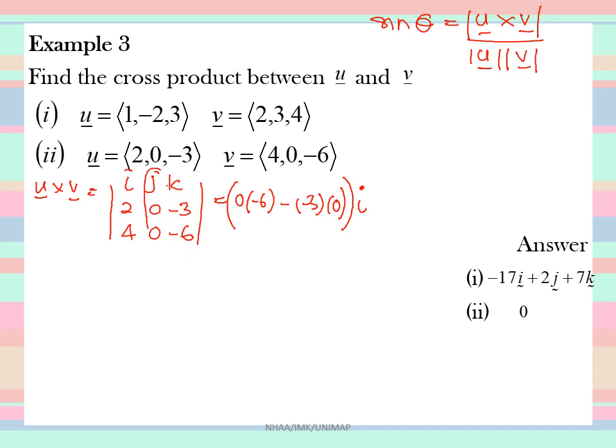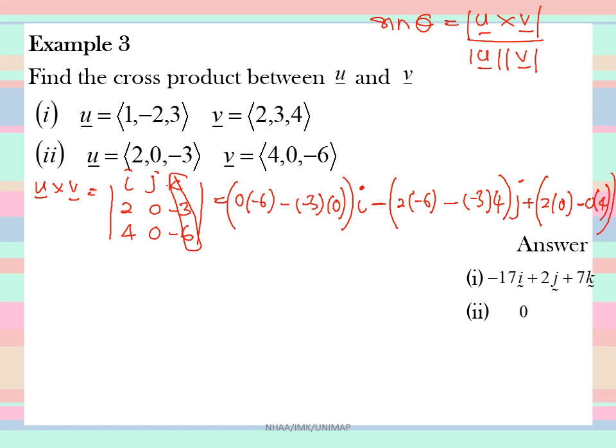Doing for j means you cross product 2 with minus 6. Don't forget because j it is minus. Open the bracket: 2 times minus 6 minus minus 3 times 4. Close the bracket. That is the component for j. And now doing for k, back to positive: 2 times 0 minus 0 times 4.